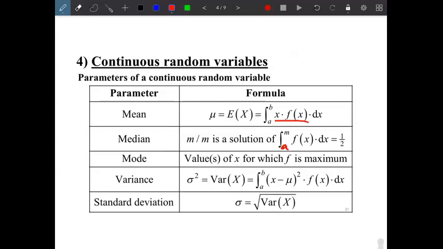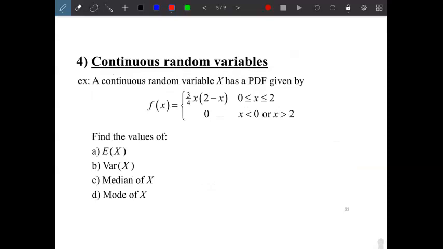So over here, the probability density function being a function over a continuous interval, the mode is the value of x for which the probability density function is maximum. And the variance is the integral from a to b of f of x times x minus the mean, squared. And of course, the standard deviation is the square root of the variance.